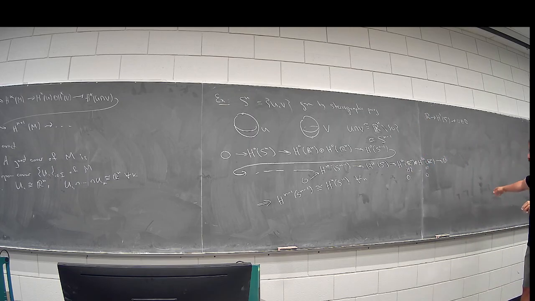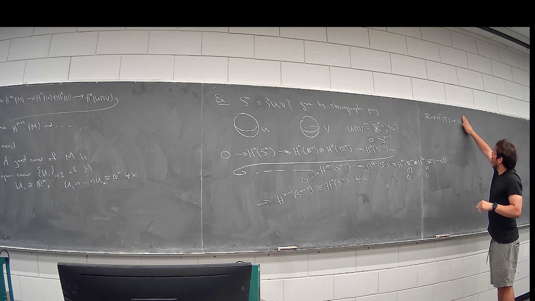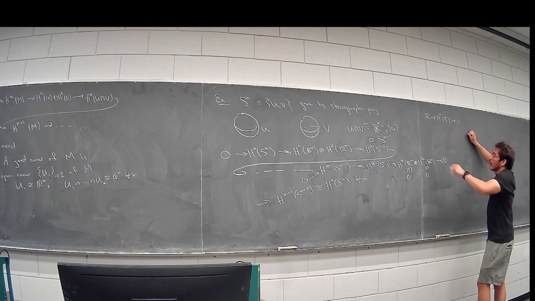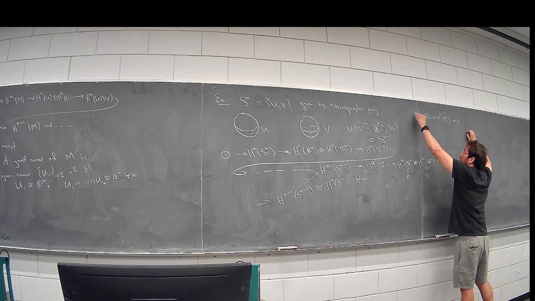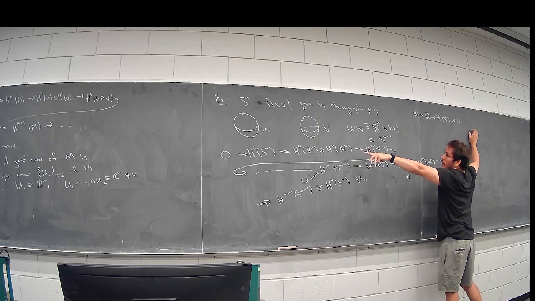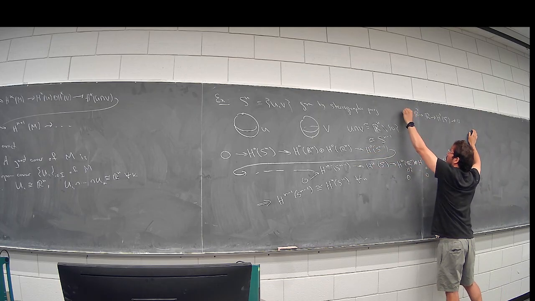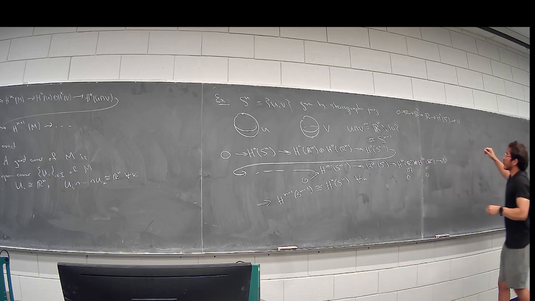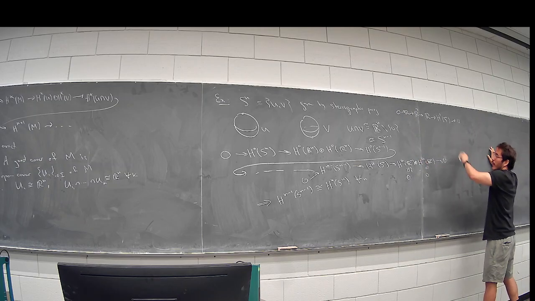Give me 1 second. So I have R, I have H1 of Sn, S plus fine. We're gonna have 0 here. R2, R0. I have this one, and then for degree 2, for example, I'm going to have all zeros.